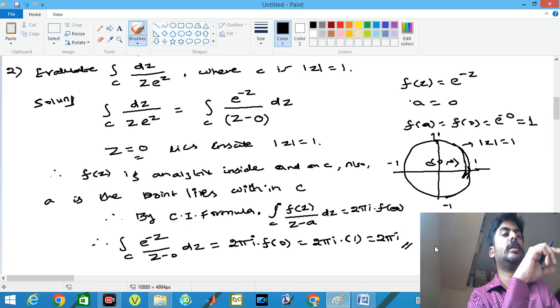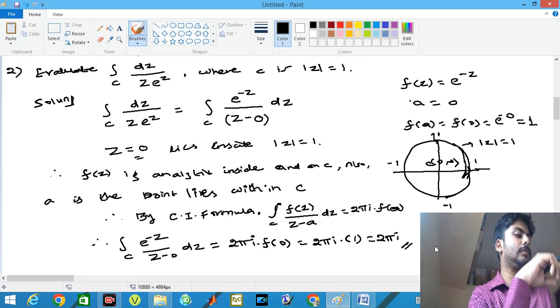And not only circles, we will also have problems on ellipses, because an ellipse is also a closed curve. We shall discuss all of these in our upcoming videos.